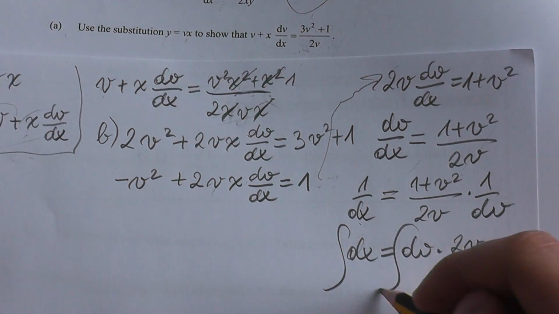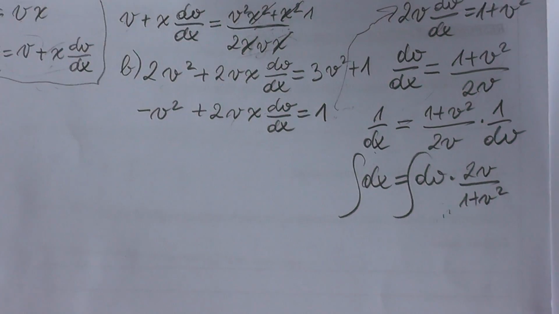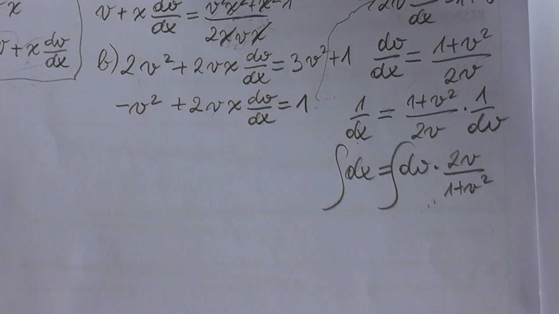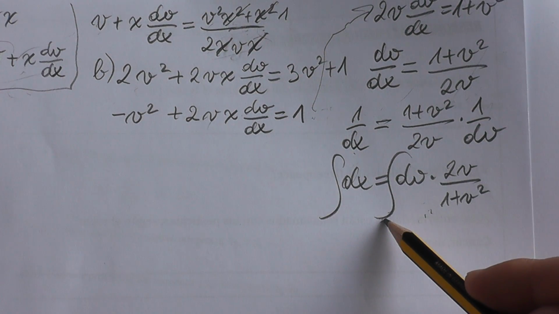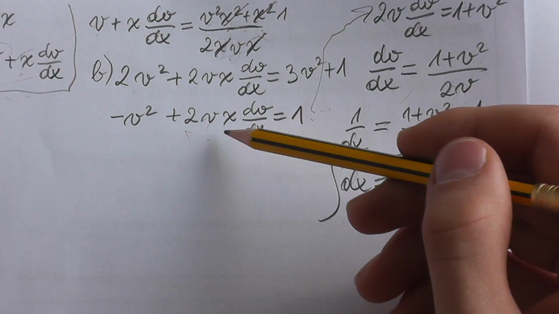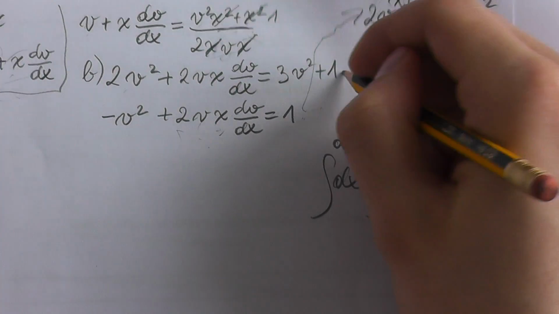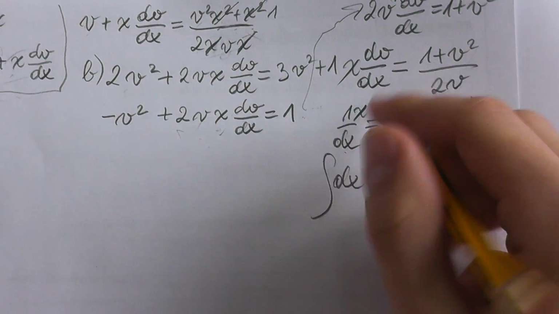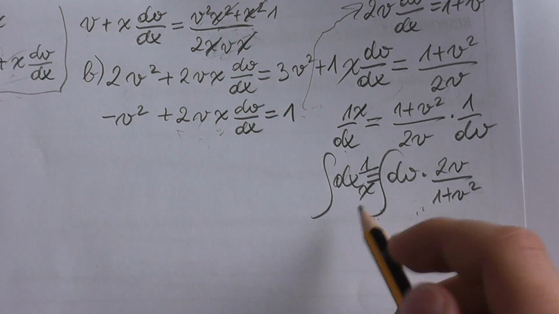Now all we have to do is take the integral of both sides. How do we take the integral of both sides? Pretty easy over here. Did I lose an x in this process? Of course, there's an x that goes here, so dx over x.